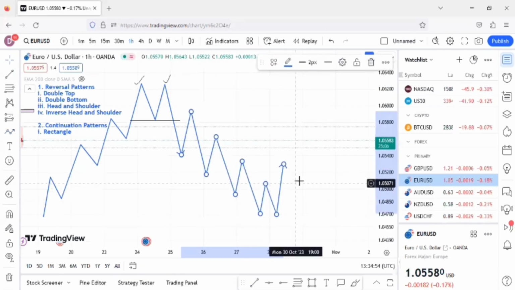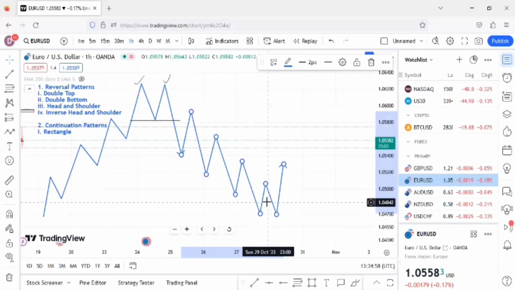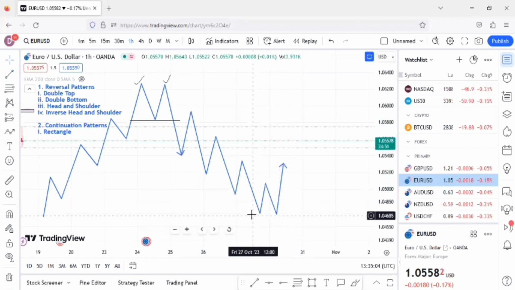So the moment you have this pattern at the bottom of a downtrend, we call it a double bottom.